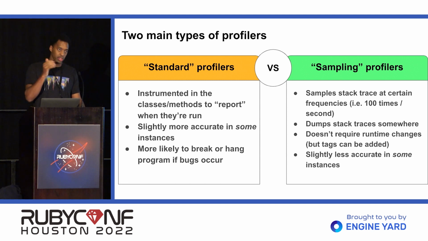And so it's going to look at the stack trace a bunch of times, send all of that information somewhere else, and basically that's how it figures out what was being called and what was being worked on at any given time. And so that is obviously slightly less accurate because it's of course sampling.